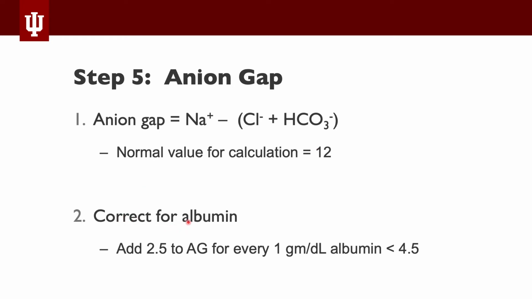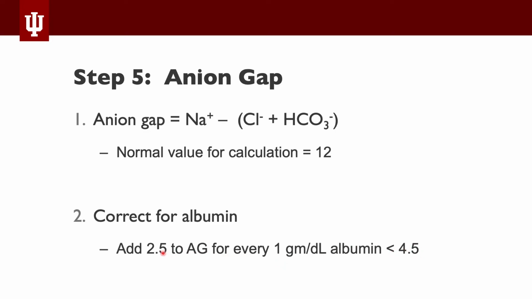If your albumin is low, which happens a lot in the ICU, you may have to add on to your anion gap. So for instance, let's say that you calculated the anion gap was 12, but the patient has an albumin of, let's say, 1.5. So that is 3 less than this normal 4.5.